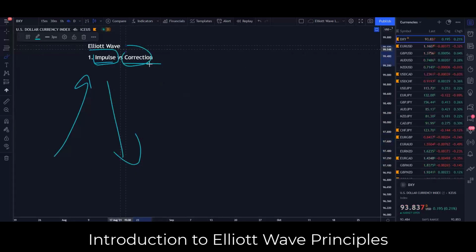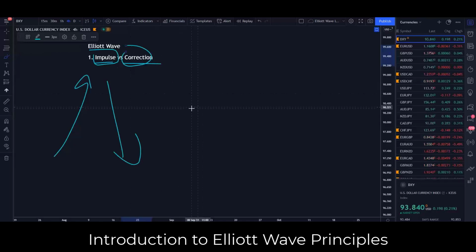On the other hand, a correction is basically the opposite, which means the market is not going anywhere very fast. The market is always moving, just that you want to assess if the momentum is strong or not, or look at the time it took to develop. If the market takes a way longer time to develop, then likely that will be a correction.